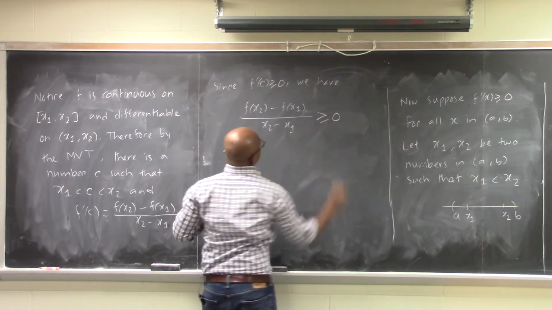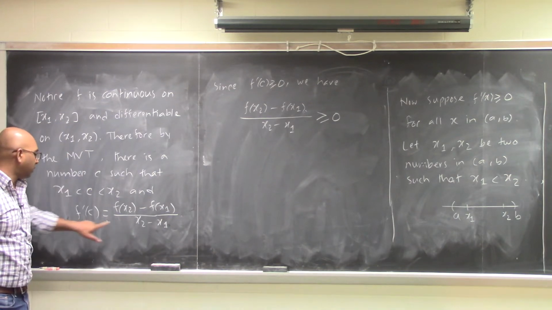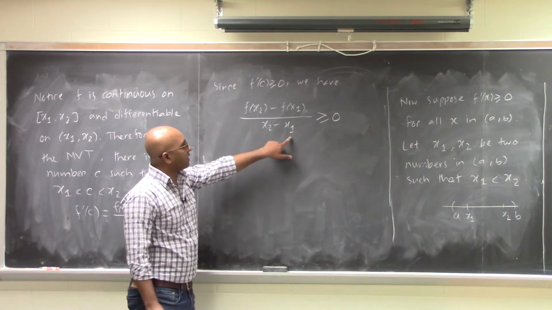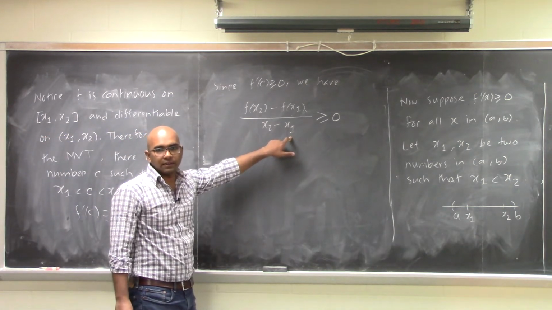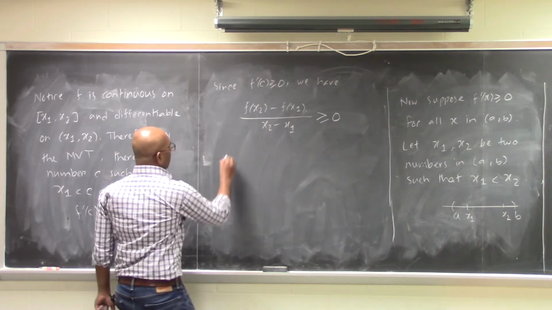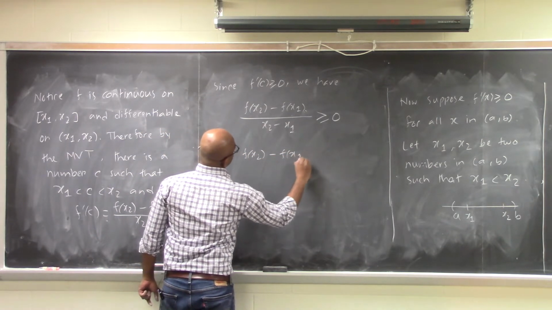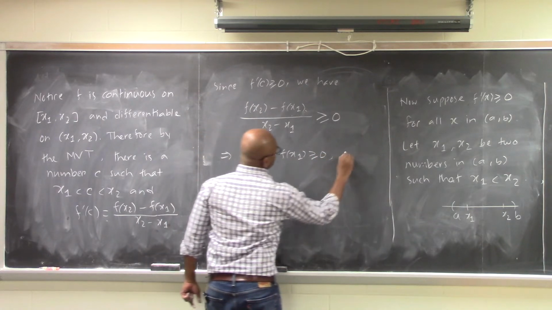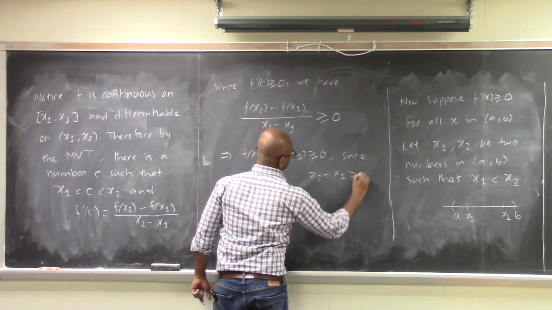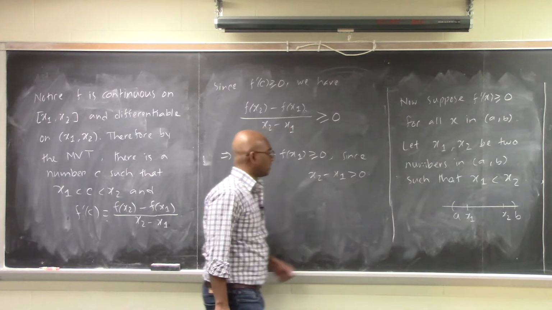That thing should also be positive or 0, right? Because this is equal to f prime of c. Okay, now notice x2 minus x1 is positive or negative? That is positive, right? So if we multiply both sides by x2 minus x1, what do you get? We get f of x2 minus f of x1 is greater or equal to 0, since x2 minus x1 is positive, right? Notice x2 is bigger than x1. So x2 minus x1 is positive.